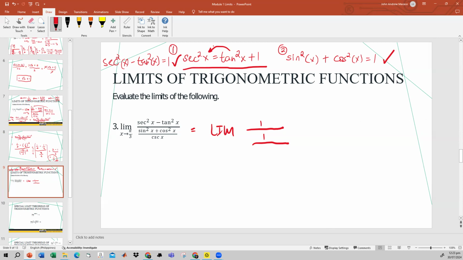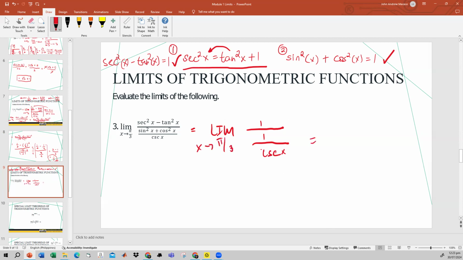That's equal to 1 over sine x, right? Or maybe we can just write this as cosecant x, as x approaches pi over 3.